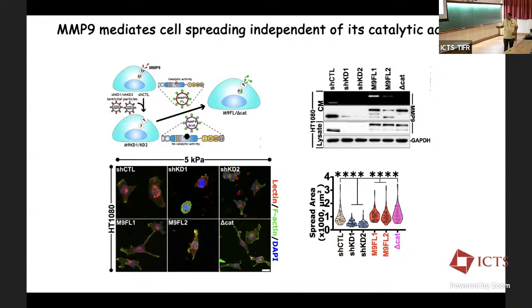Now, what you can clearly see is that knockdown cells led to a reduction in cell spreading, and re-expression of either full length MMP9 or the catalytic inactive mutant, both of them did the rescue, suggesting that for spreading, catalytic activity is not essential.